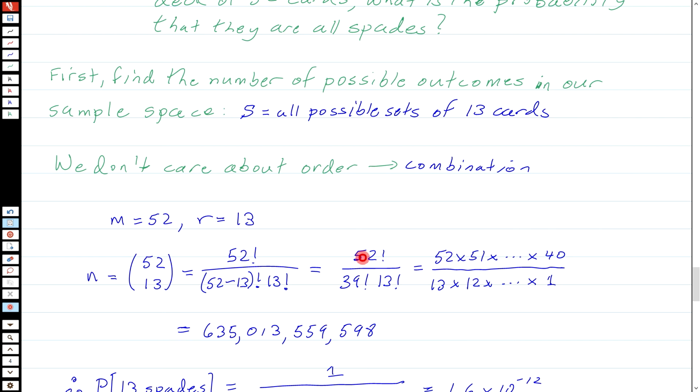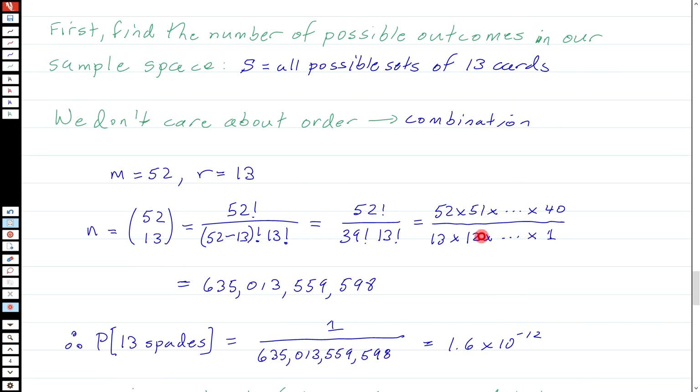On top we've got 52 times 51 down to 1, but this 39 factorial cancels everything after 40. So this thing will disappear if I just multiply the top 52 times 51 down to 40. But I'm still left with 13 factorial underneath. Nevertheless, 52 times 51 down to 40 divided by 13 factorial is still a gigantic number.